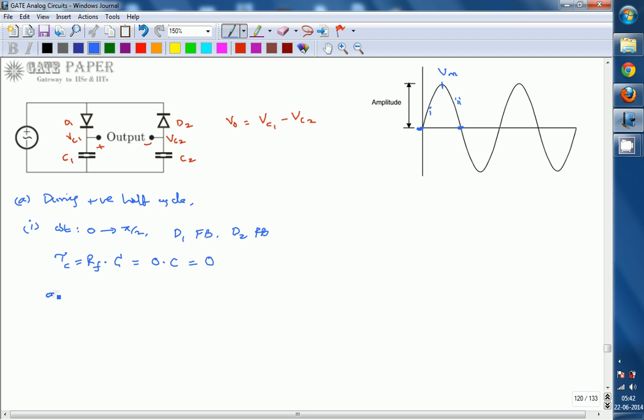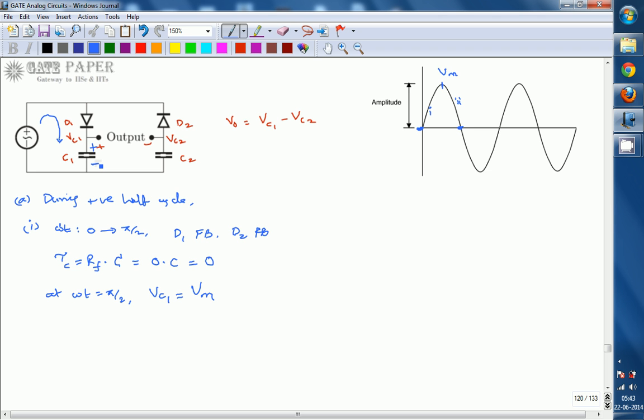So finally at omega t equal to pi by 2, since V input is equal to Vm, at that instant itself capacitor 1 charges to Vm. It charges to Vm with plus minus polarity in this way, since the current flows in this direction during the positive half cycle.